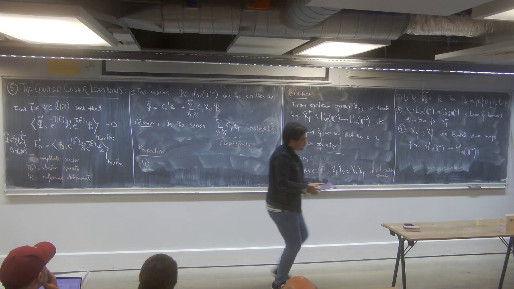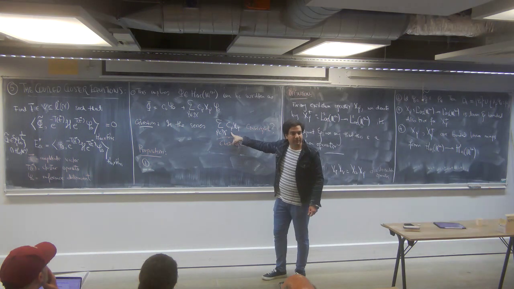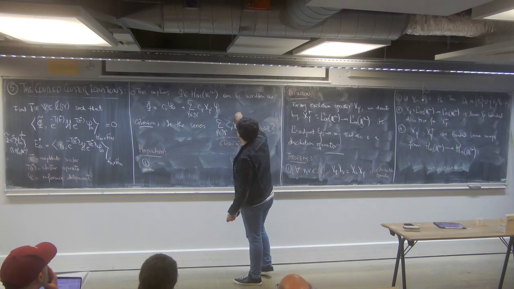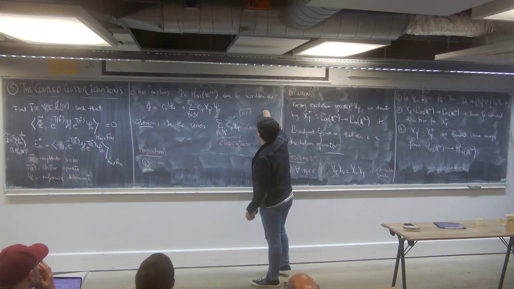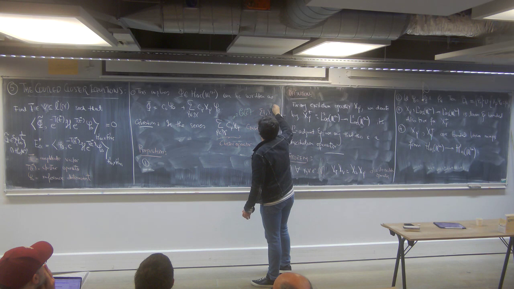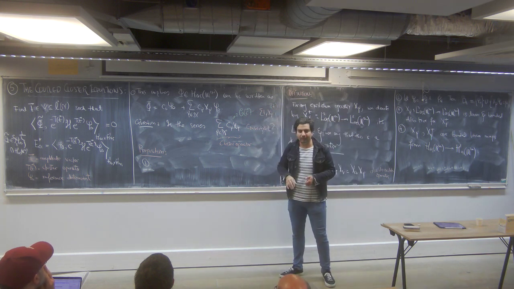One bit of notation: if I have a series like this, I will frequently write it as C, or if I have a summation that looks like T mu X mu, then I might write T of something like this. It's just a shorthand notation.